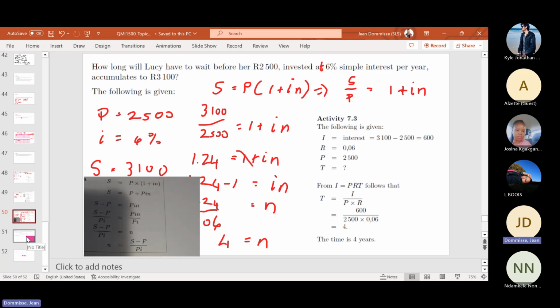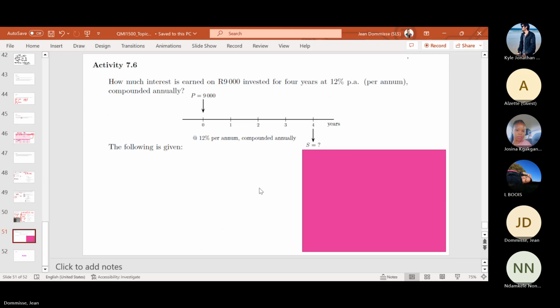Okay, then one last one for financial maths nearly. So how much interest is earned on 9,000 Rand invested for 4 years at 12% per annum, compounded annually?